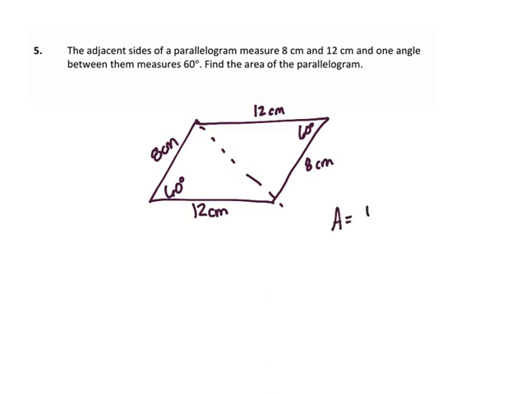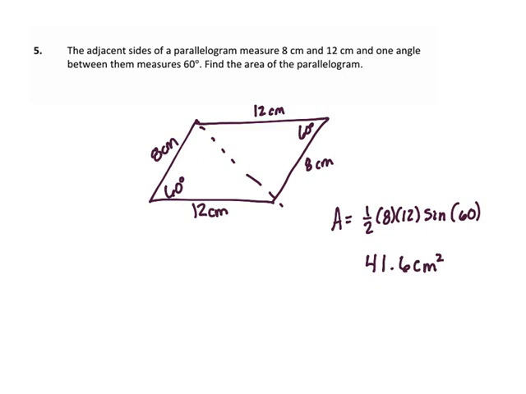So let's take our area is 1/2 times 8 times 12 times the sine of 60. And then go ahead and type that in your calculator. And you get 41.6.